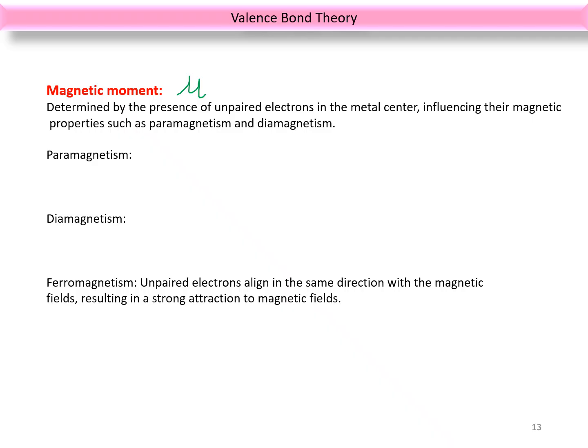So how do we measure the value of magnetic moment? This is the formula: mu equals the square root of n times n plus 2. N is the number of unpaired electrons.